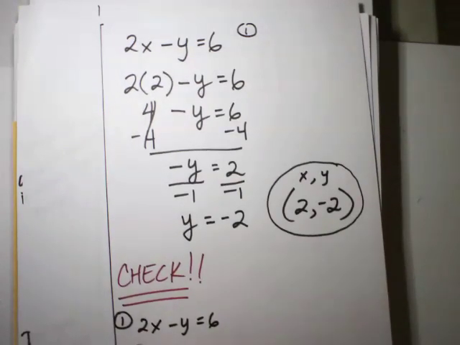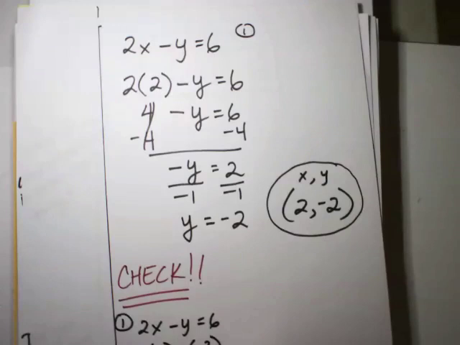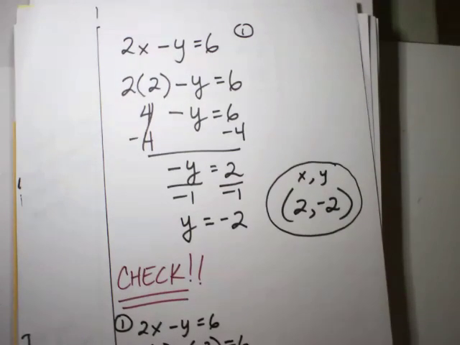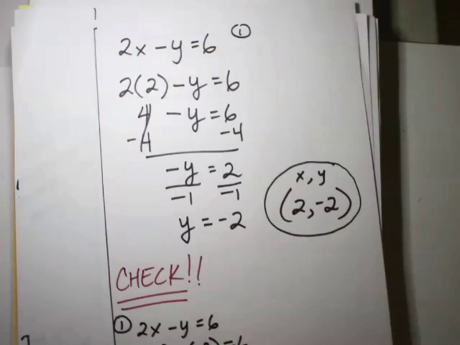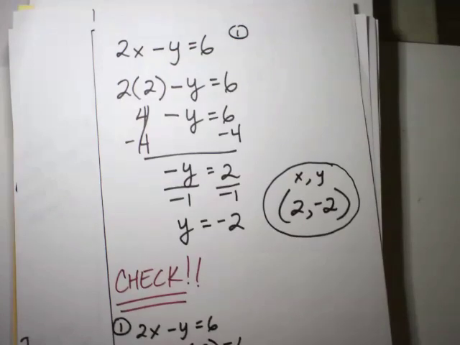Okay, so instead of x, I'm going to put in 2. Instead of y, I'm going to have negative 2 equal to 6. Okay, so 2 times 2 is 4, minus a negative 2, that's the same as adding 2, equal to 6, and 6 is equal to 6, so that checks.